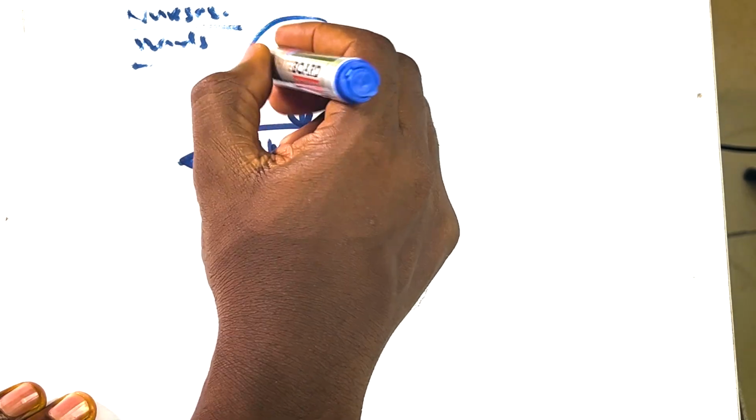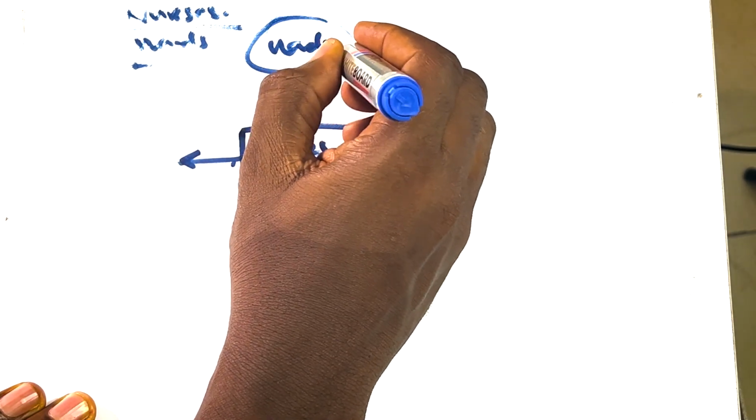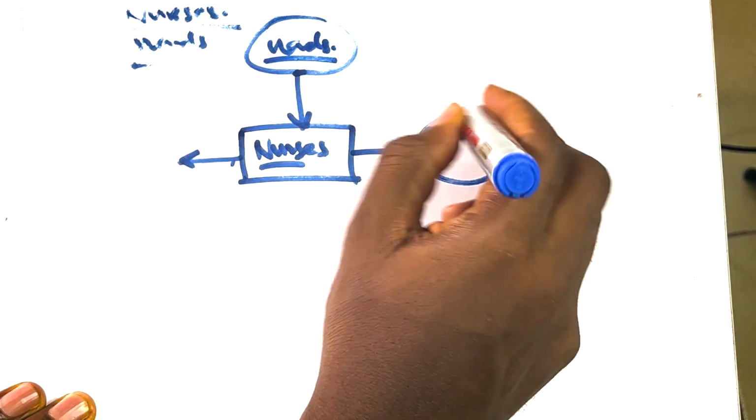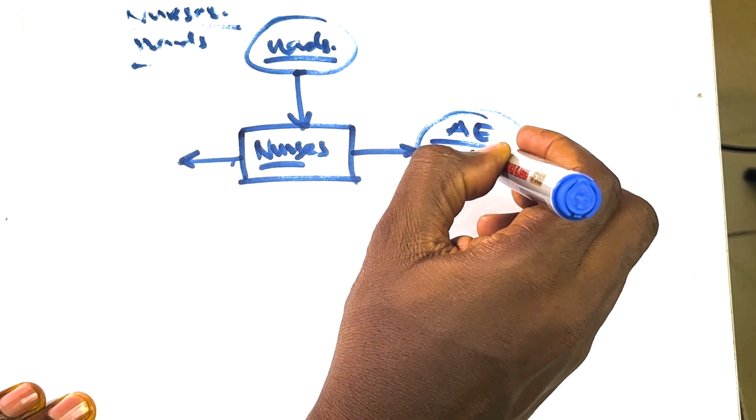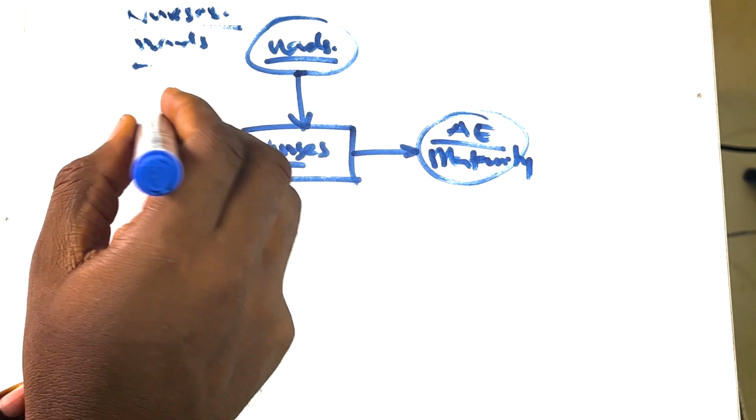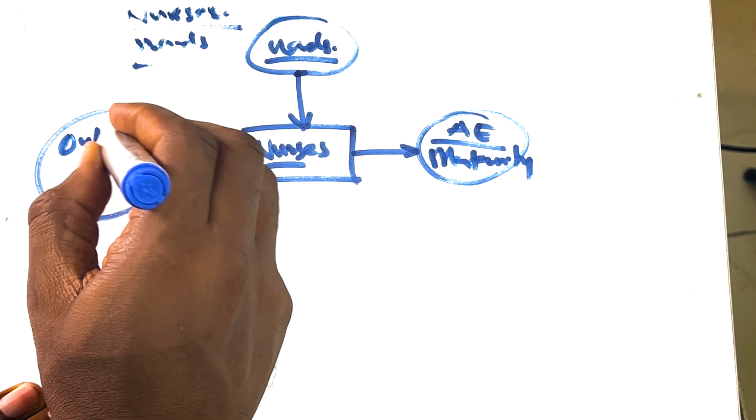It can take us to the wards because the nurses manage the hospital as a whole. It can take us to the accident and emergency or the maternity area also. It can also take us to the outpatient department.